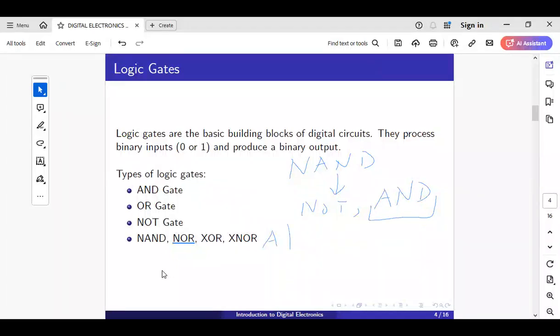We said AND is where if you have A and B, A and B: 1 0 0 1 1 0 0. What is the result on A and B?